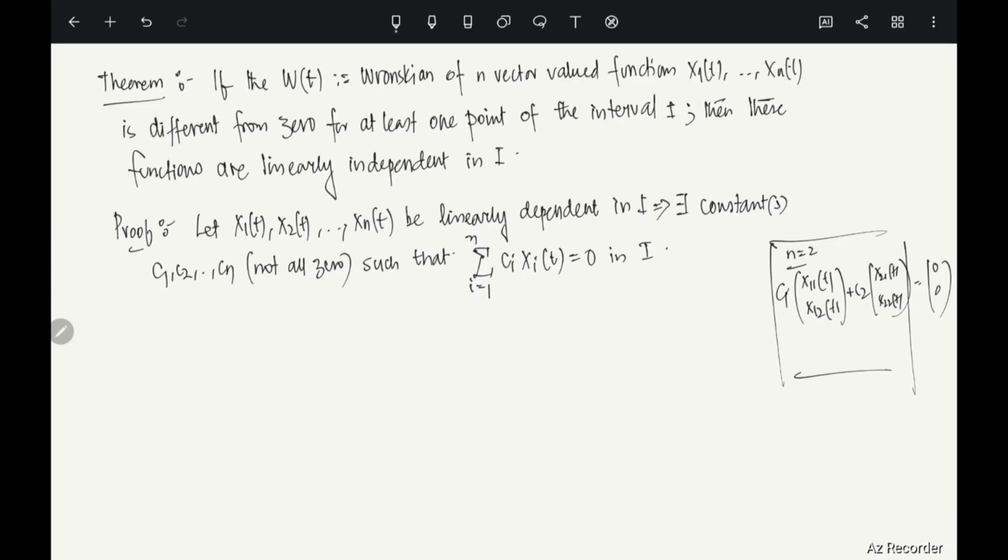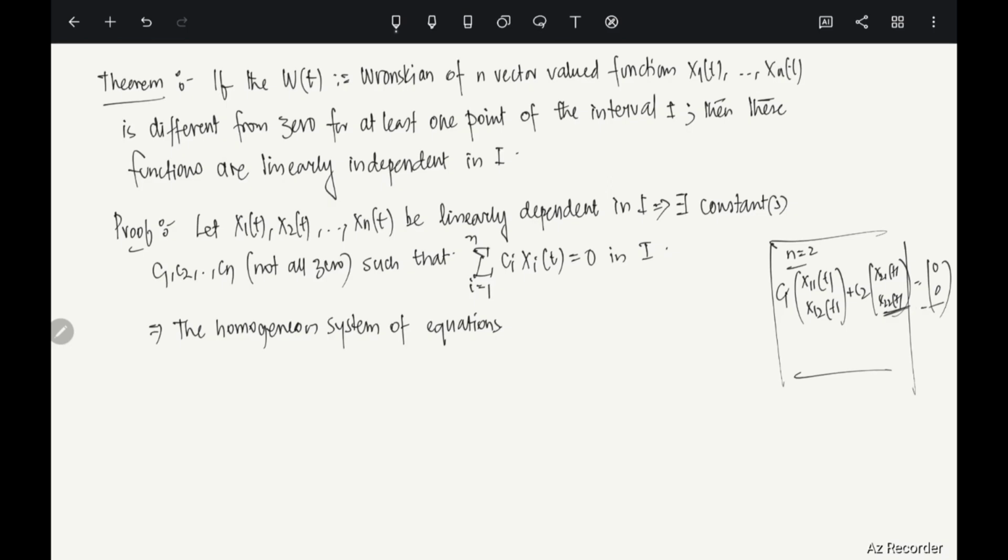That gives me the homogeneous system of equations. So this will imply the homogeneous system of equations: C1 x11 plus C2 x21 is 0, and C1 x12 plus C2 x22 is 0. This system of equations has a non-trivial solution, right?